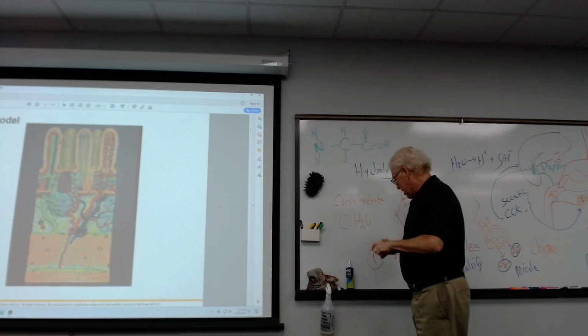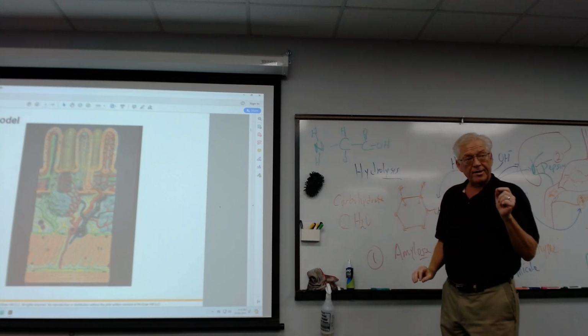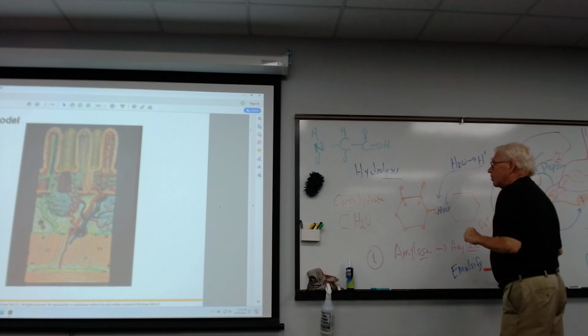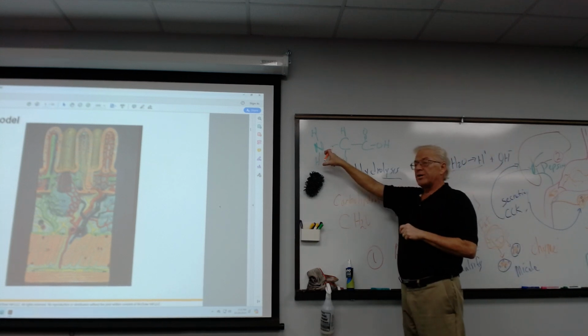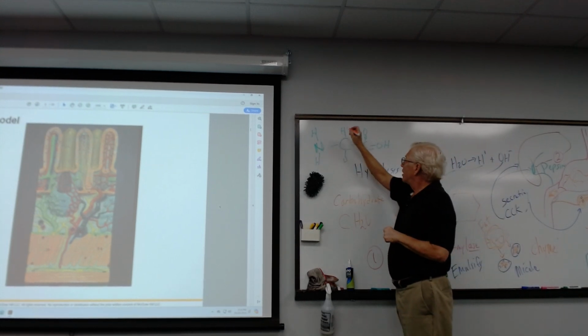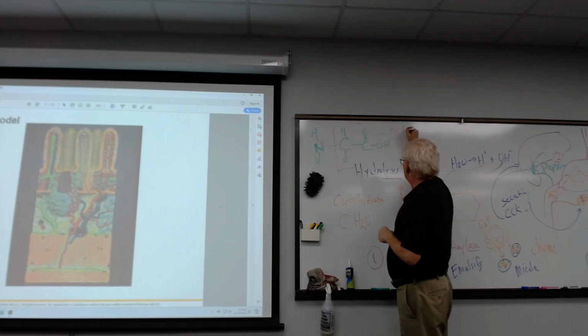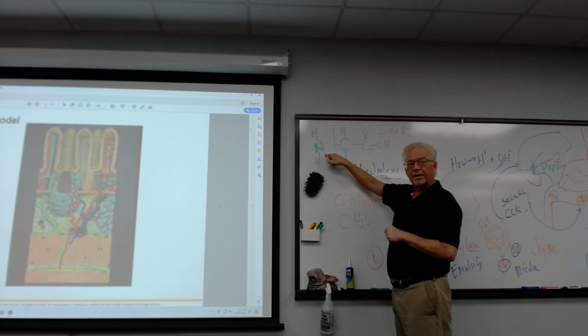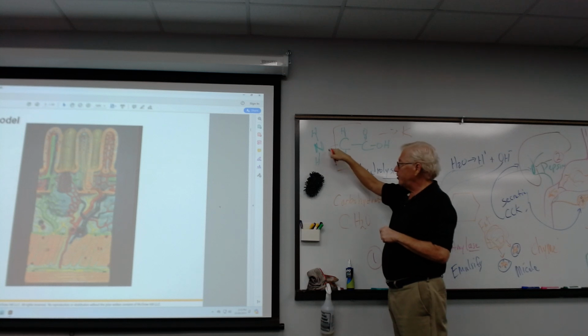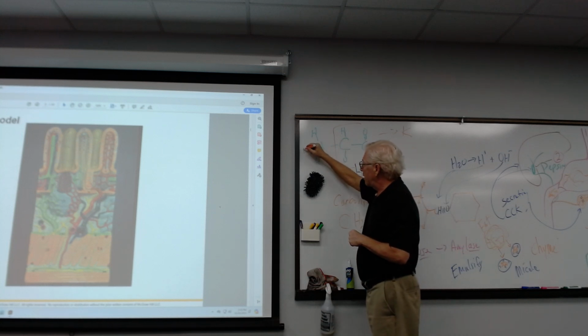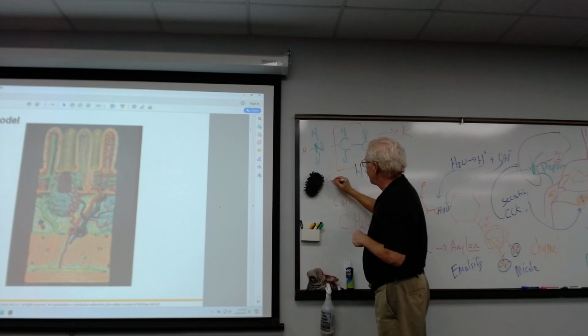If we're going to use amino acids in our Krebs cycle, I can't put nitrogen in the Krebs cycle. So we cut it off. This can go into the Krebs cycle. This one has to be eliminated. As soon as we cut that off, we actually pick up a 3rd H, and that's ammonia.